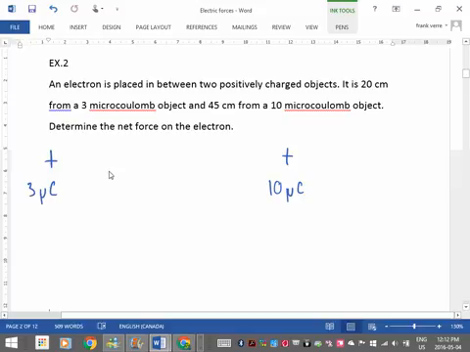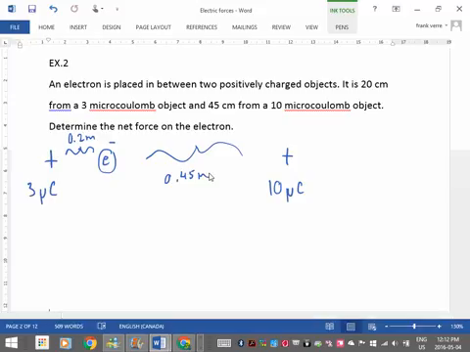The electron is closer to the 3 microcoulombs. This is right over here. So this distance is 0.2 meters. Remember, it's got to be in meters. And this distance is 0.45 meters. That's why I failed art school, because I can't scale things properly.